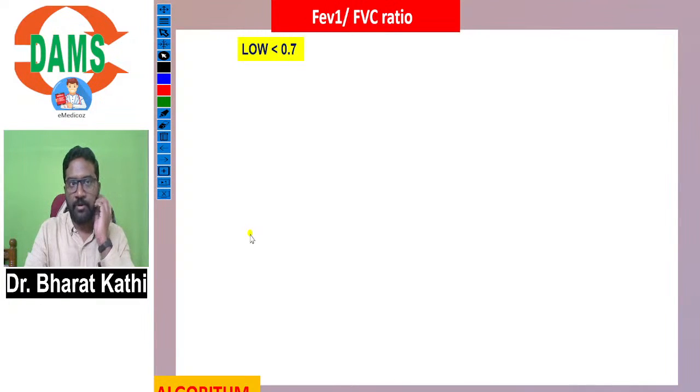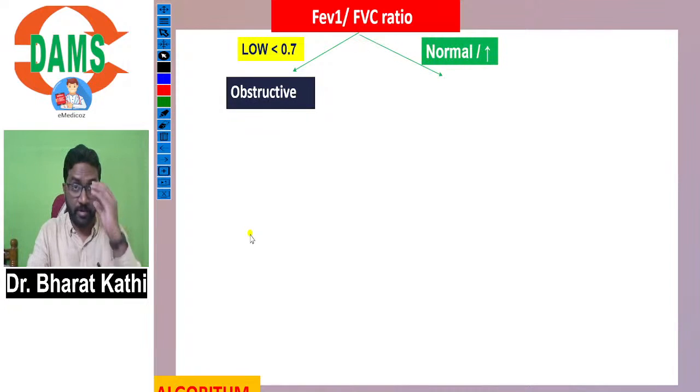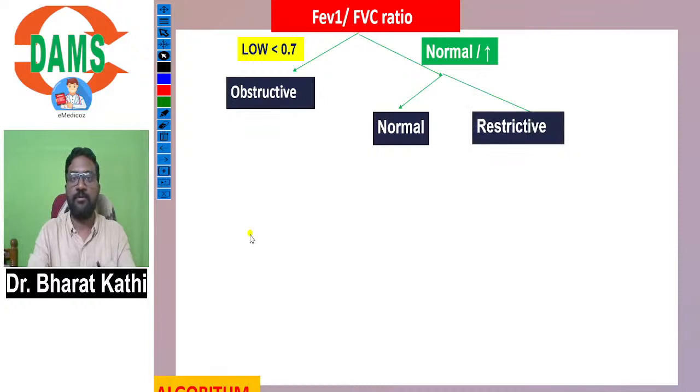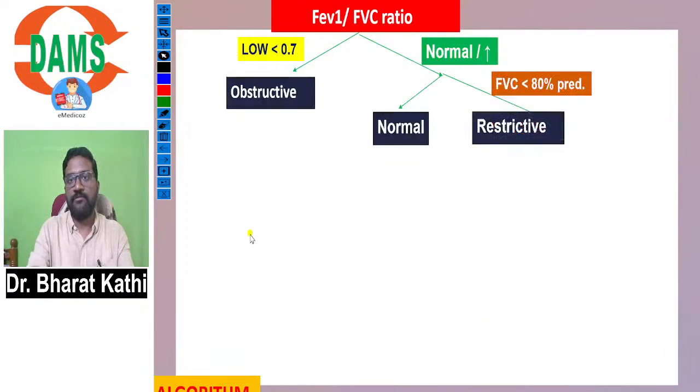This is the algorithm that I discuss generally in my class. Whenever you get any spirometry, just see the ratio. If the ratio is low, automatically your answer should be obstructive. If the ratio is normal or increased, it can be either normal lung or restrictive. How do you differentiate normal and restrictive? In restrictive, the lung size is reduced, so FVC is less than 80%.